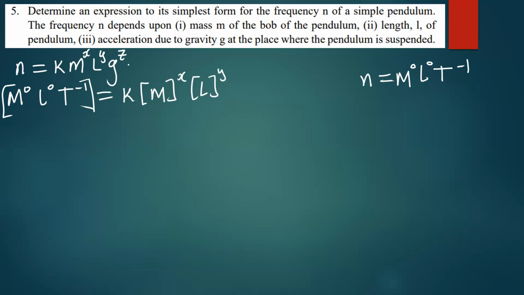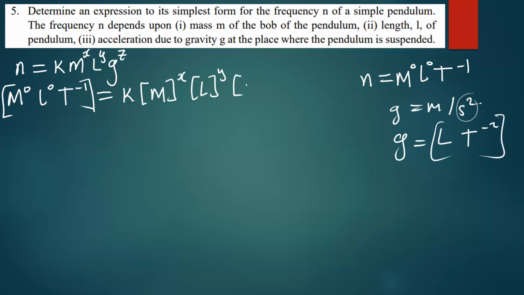to the Y. Then the dimension for gravity, gravity is meters per second squared. In dimensional analysis, we represent meters as the length, and per second squared is simply T to the power -2. So we have L T to the power -2, then we have z there.